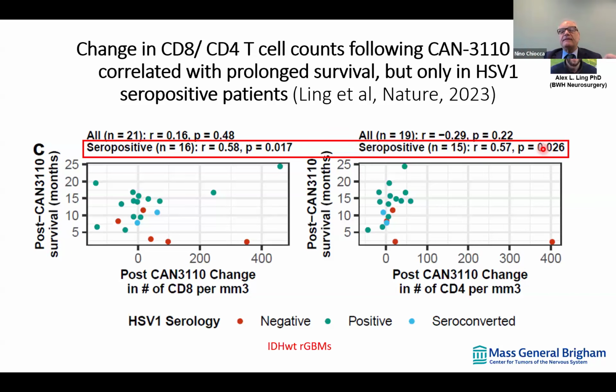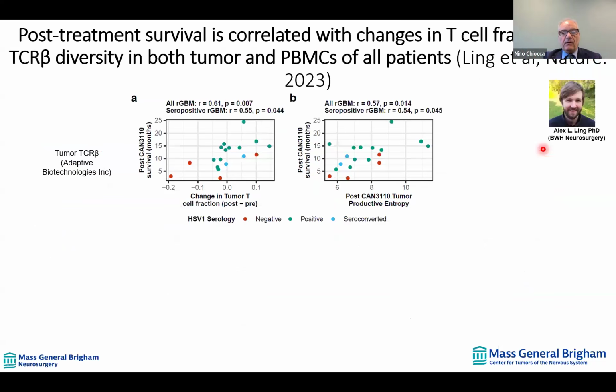But we then wanted to validate this even further, and so we did what I call the $200,000 experiment. We basically got genomic DNA from the paraffin blocks. We isolated genomic DNA and then sent it to a company called Adaptive Biotechnologies, and they sequenced the DNA in these blocks, and they can pull out the T cell receptor beta chains. They have primers where they're basically sequencing just the T cell receptor. Each T cell has a particular T cell receptor.